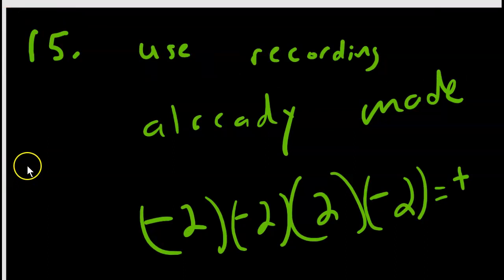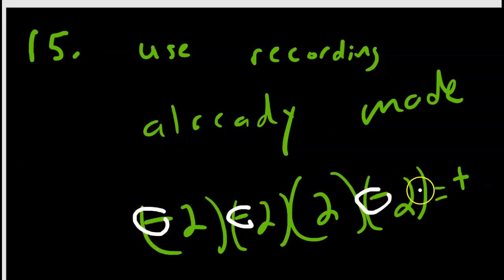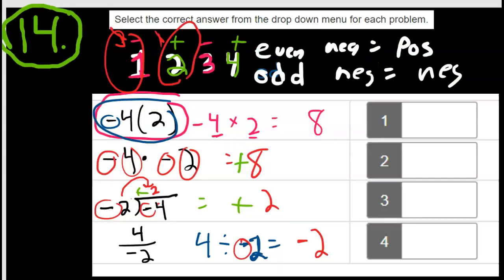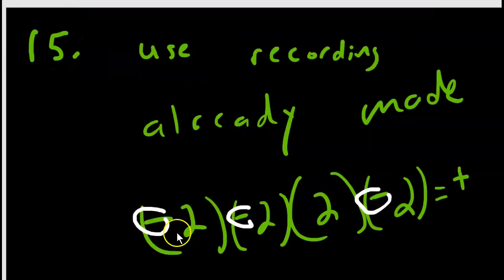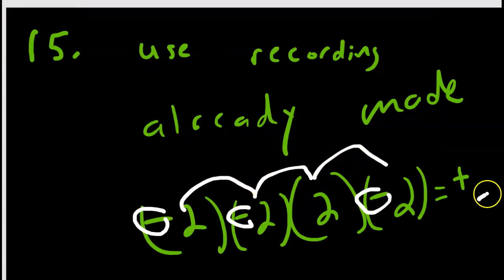So bonus: if you get something like this, how many negatives are there? 1, 2, 3. All this is asking you to do is decide whether the answer is positive or negative. So 3 is odd, so it's going to have a negative answer. Whatever 2 times 2 times 2 times 2 is, it's going to be a positive because there's 3 of them.